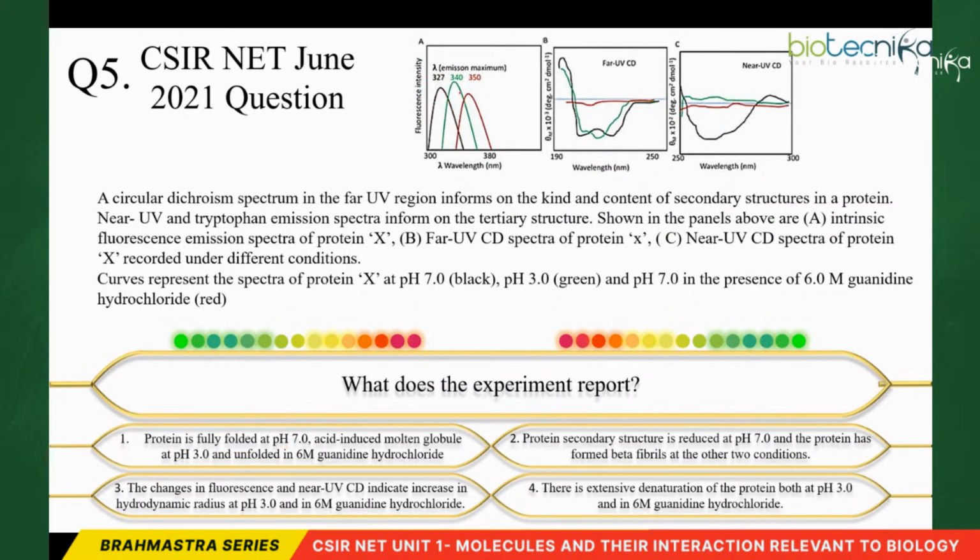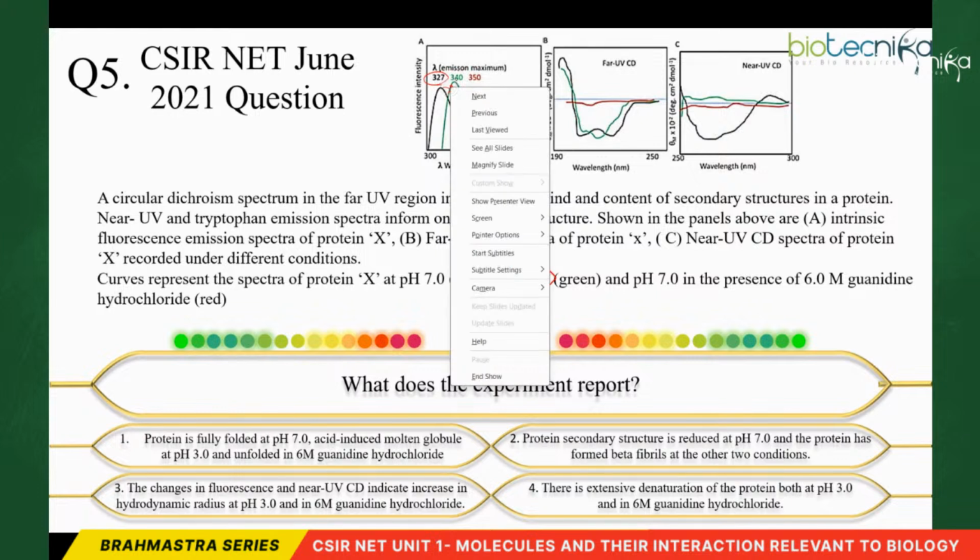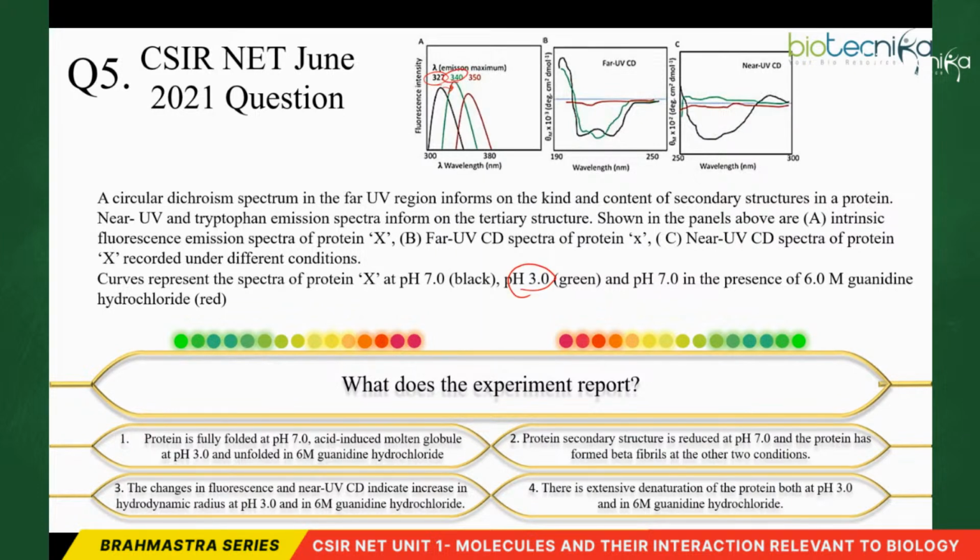Okay, and whatever zone you are having changes as you are changing the pH. For pH 3, you can see the emission maxima is even more. Okay, and if you are using guanidine hydrochloride, then also your emission maxima increases, which means the protein is getting unfolded.